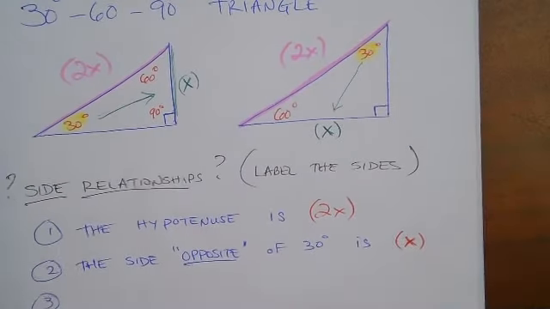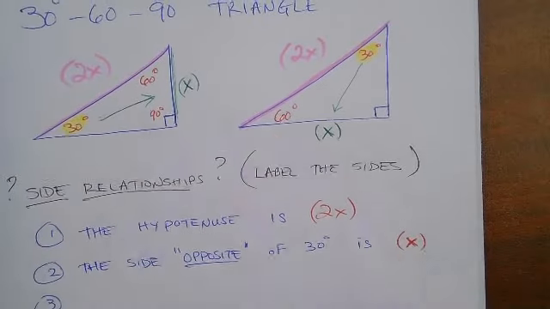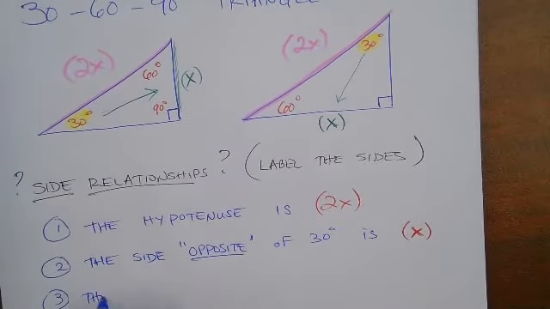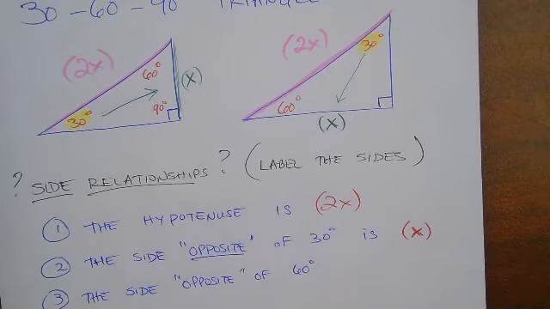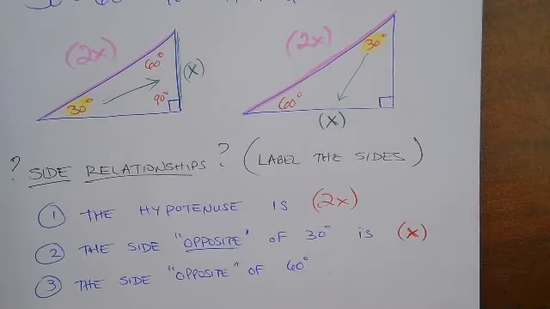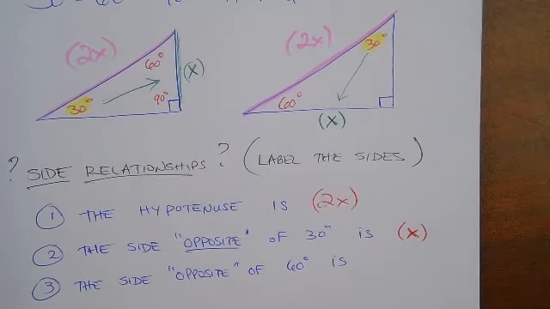Does anybody remember what the third side is? There's only one side left. We have to label this last side. It is the side opposite of what? The side opposite of 60 degrees is, anybody remember what it is?